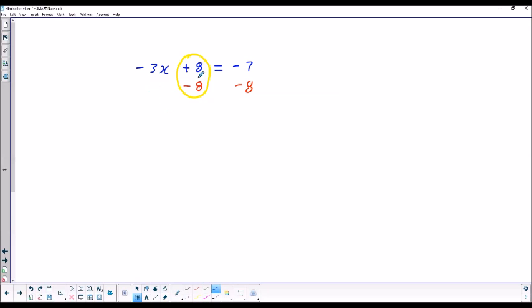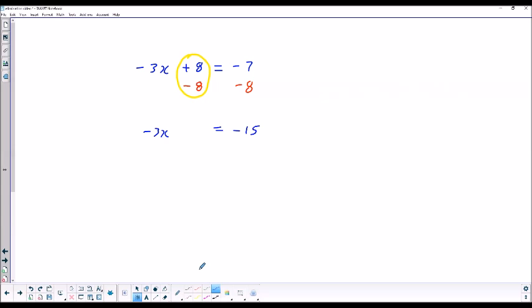We've got -3x equals, and we add those, -15. We've now eliminated the 8 from the left side. The idea of elimination is key here.